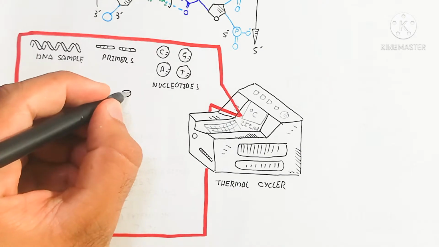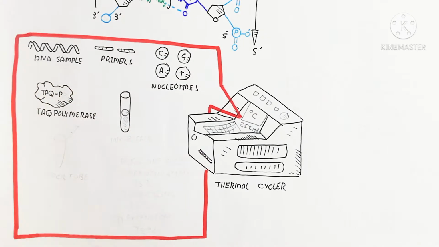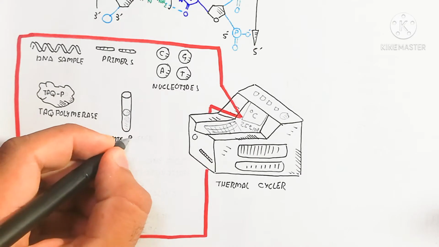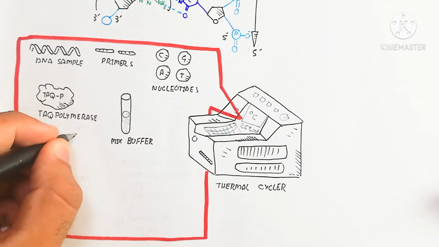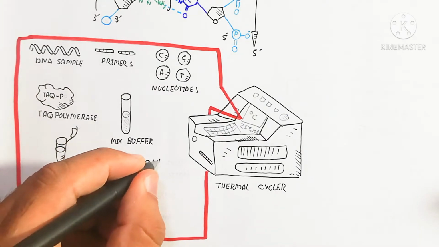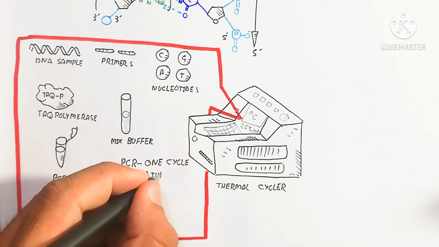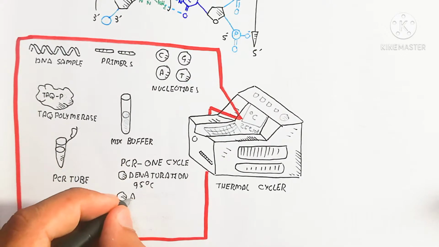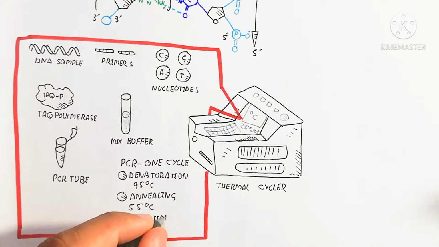The primer is used for the beginning of the DNA strand, binding to the antiparallel strand. The Taq polymerase enzyme is also used, and a mixed buffer, and a PCR tube.